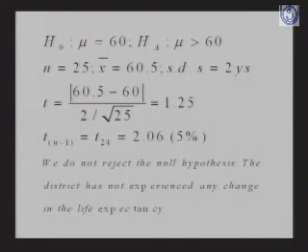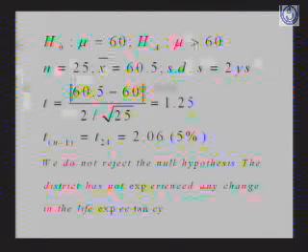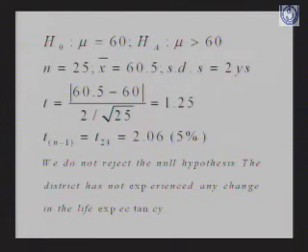Now for n minus 1, that is 25 minus 1, 24 degrees of freedom, the one tail value of the t distribution at 5% level, you can check, is 2.06.